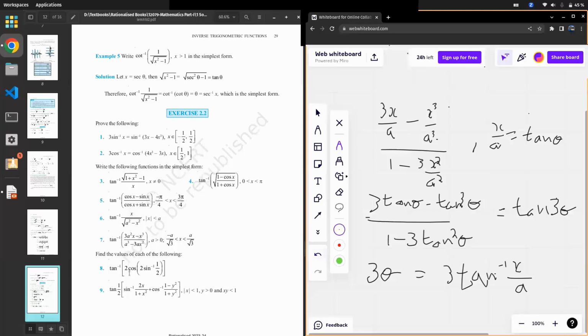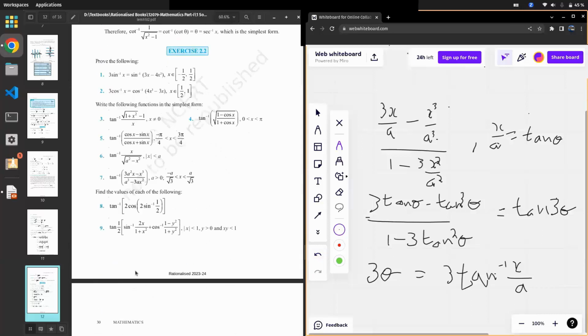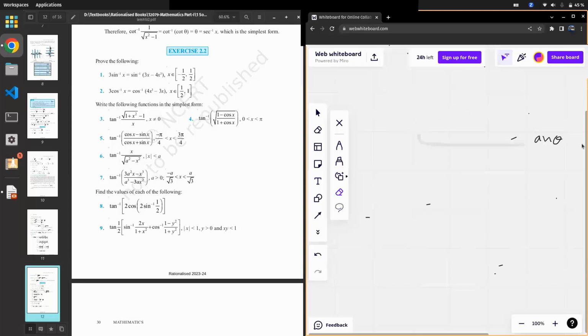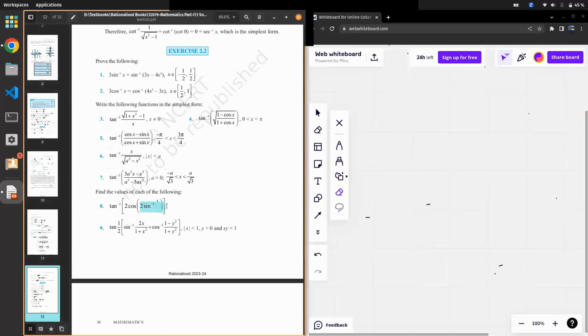So next, for the next two questions, we have to find the value of the expression. The eighth question is a simple substitution question. Here we can substitute the value of sine inverse half, which is pi by 6, and 2 into pi by 6 will be pi by 3.